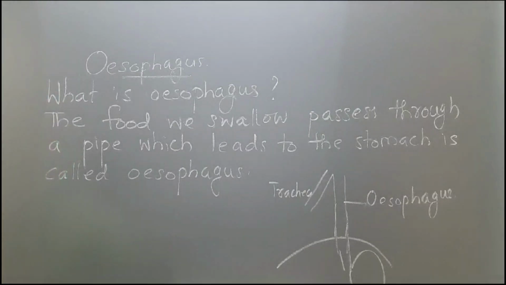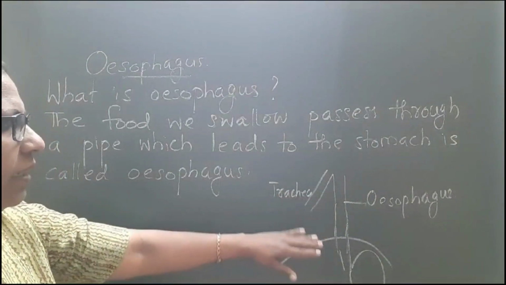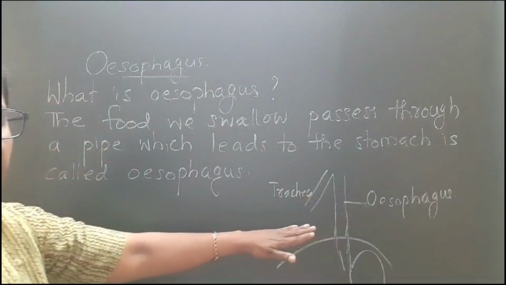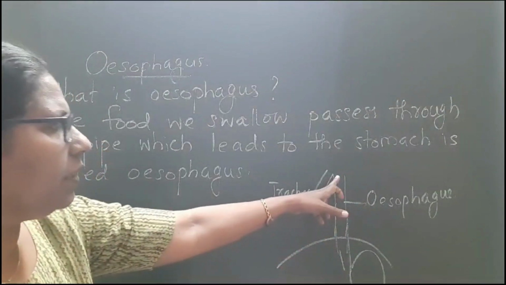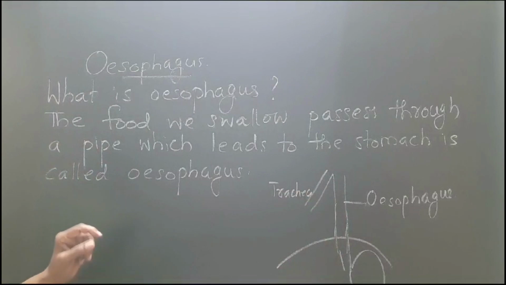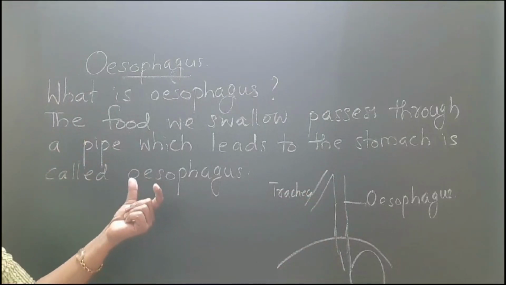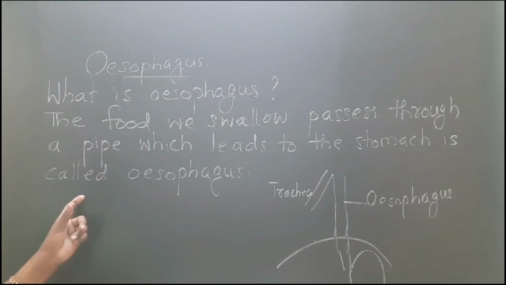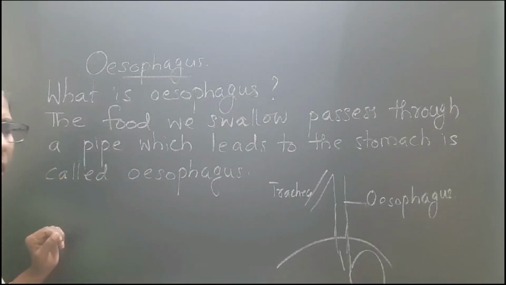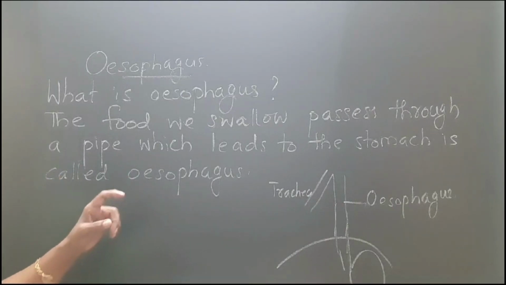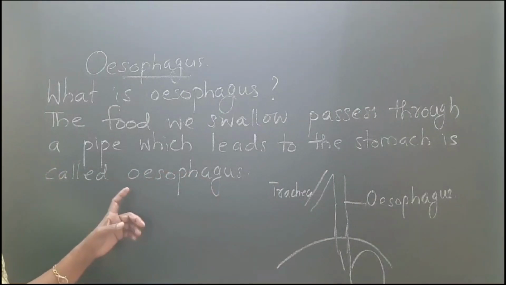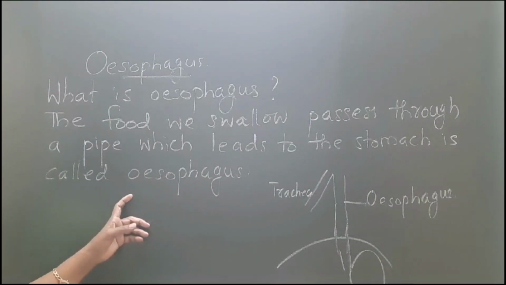I will be drawing that in detail, but for now you understand that the esophagus is a tube, a pipe which leads to the stomach. It starts from the mouth. We already learned about the mouth, and the continuation of that is this esophagus.